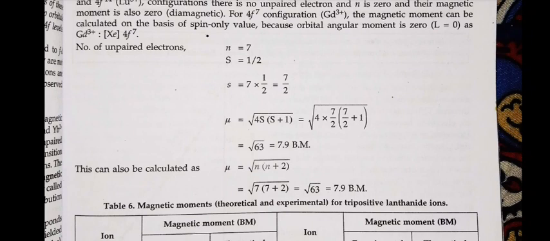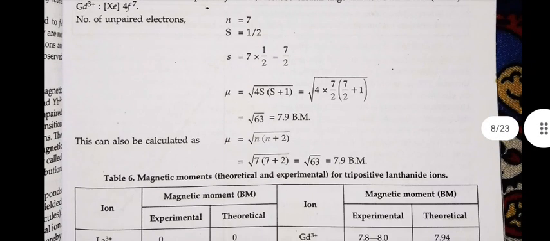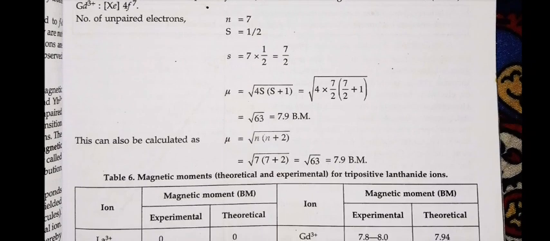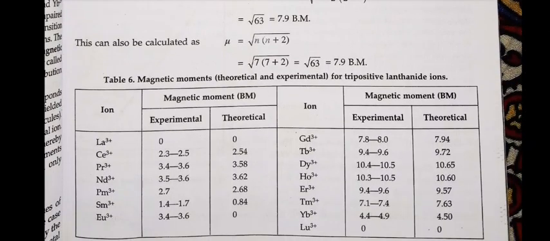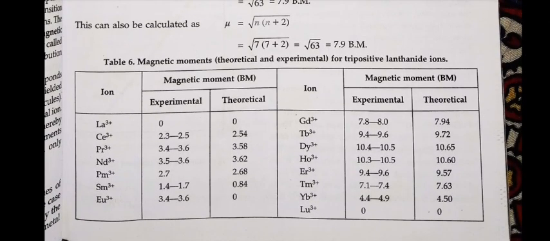As gadolinium 3+ has xenon 4f7, n is equal to 7 and S is equal to 7 into 1 by 2, which is 7 by 2. mu is equal to the square root of 4S into S plus 1, which is 7.9 Bohr magneton. This can also be calculated as mu equals the square root of n into n plus 2, which is 7.9 Bohr magneton.